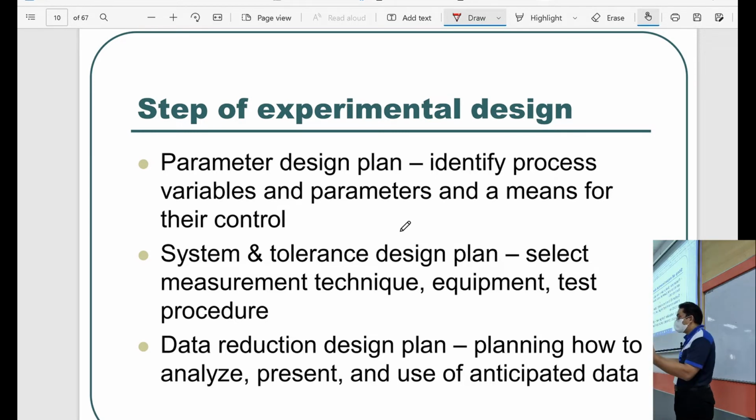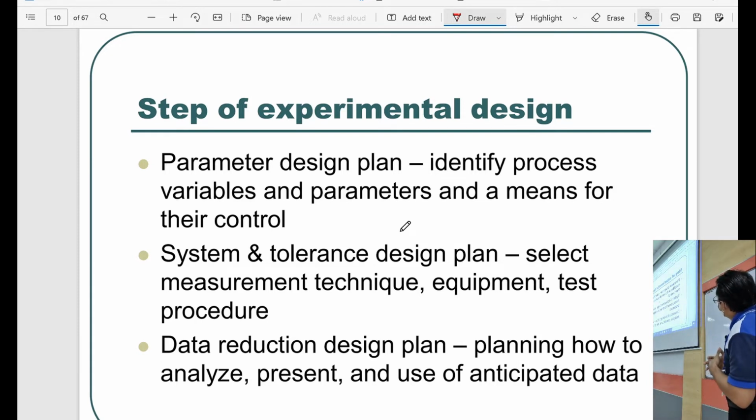For example, if the parameters are high, maybe the fuel consumption is bad. If the parameter values are low, then we give some sort of imagination of the situation happening to the cars. So we establish the parameters.